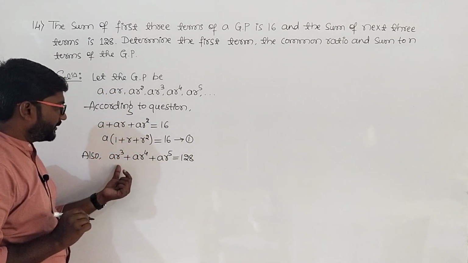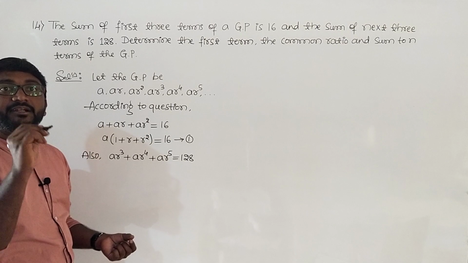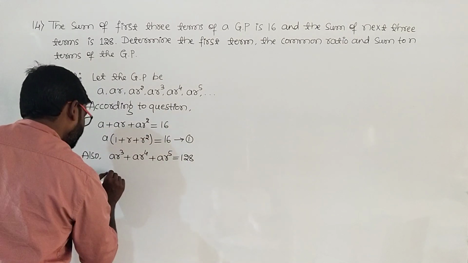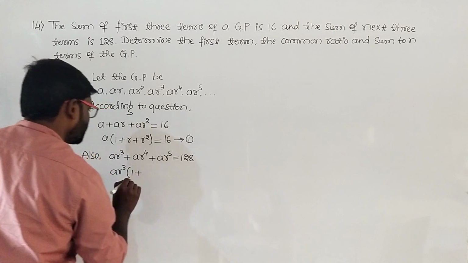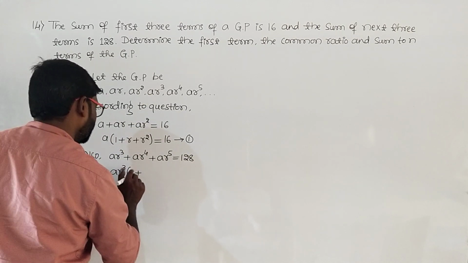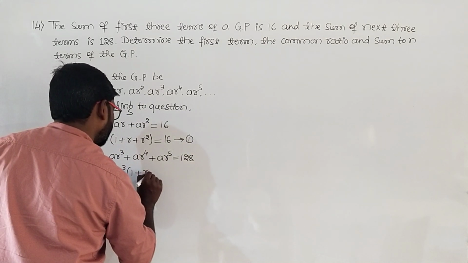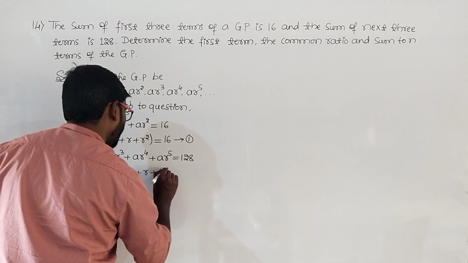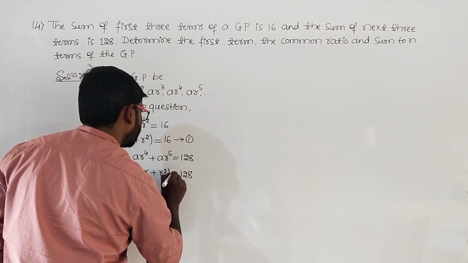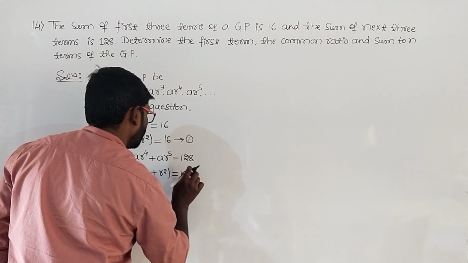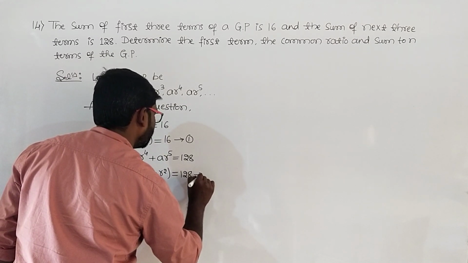Now in all the three terms we can take A into R raised to 3 common. So A into R raised to 3 common, you get 1 plus R plus R square is equals to 128. Let us call this as equation number 2.